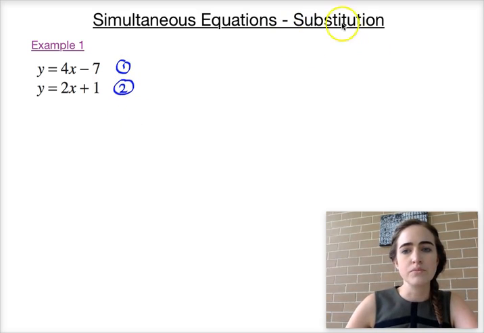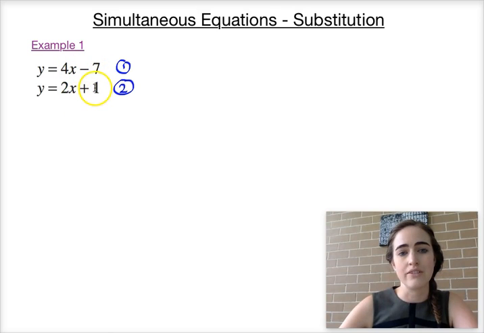So the idea with the substitution method is that if we know that y is equal to 4x minus 7, and we also know that y is equal to 2x plus 1, then these two things have to be equal to each other. So we're going to take one of the equations and substitute it into the other one.